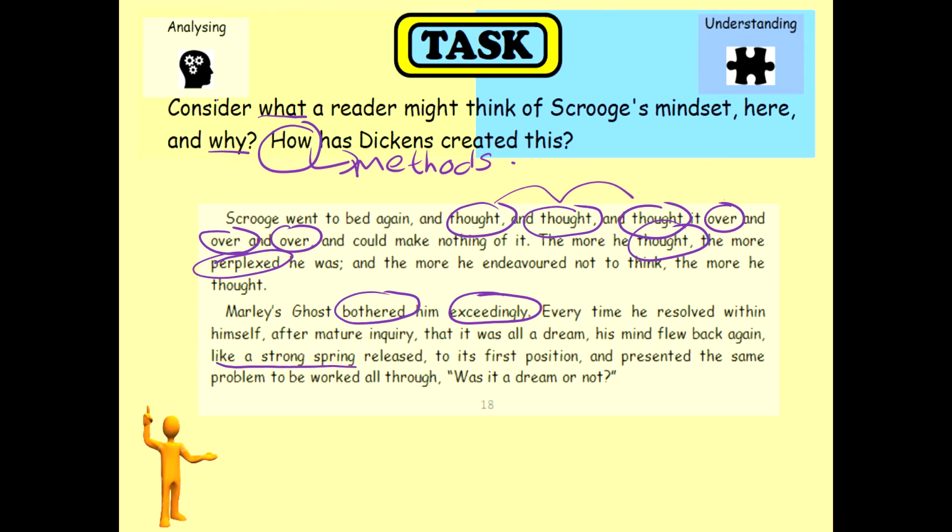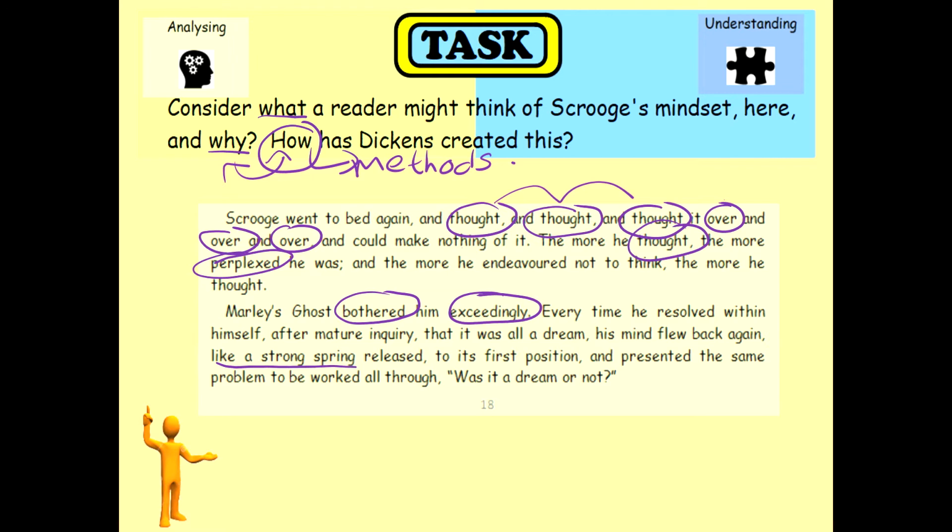Okay, so consider what a reader might think of Scrooge's mindset here. So we've got quite a few things here that we can talk about, but I've specifically not given you any answer. You need to work this out for yourself, but I've said enough that you should be able to do that. Why do we think that? Well, all of these things here, and how has this been created? So these two things sort of link up. Why do we think that? Because Dickens has done this, okay?